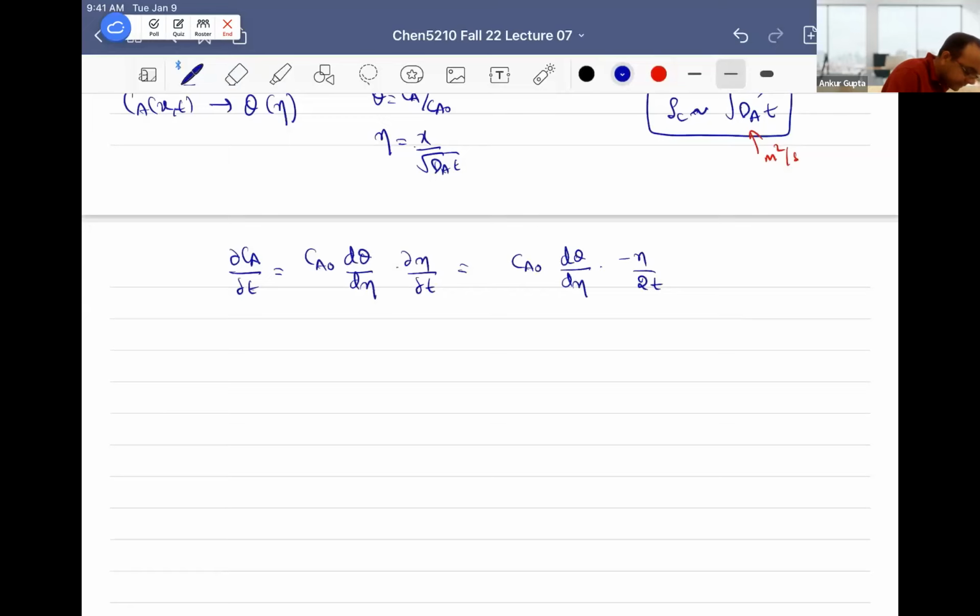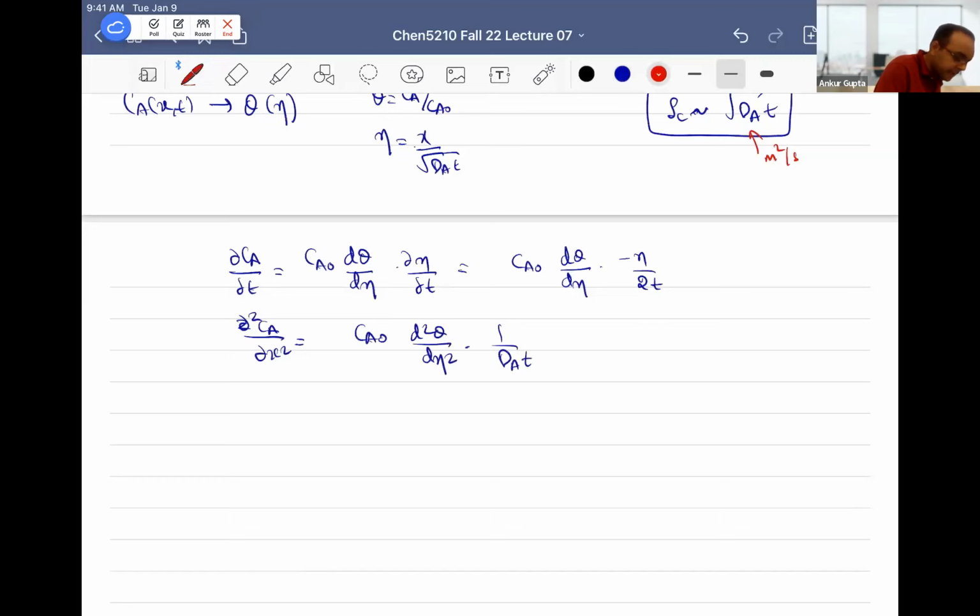And del square CA by del x square is CA naught d square theta by d eta square times 1 by Dat. Okay, so that's what you get.